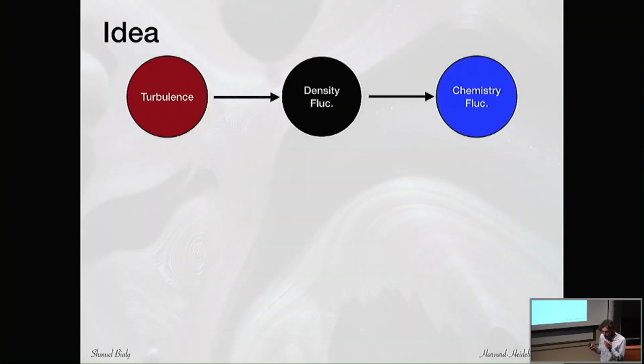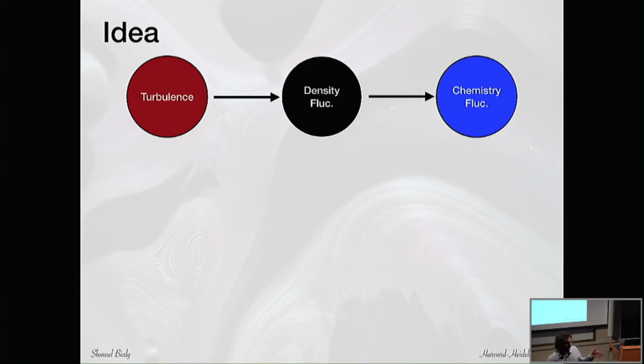So what's the idea? The idea is that in the ISM you have turbulence. We know it from different observations: line width-size relations, supersonic line widths, fractal structures of clouds. Turbulence, when supersonic, when the sonic Mach number is above 1, becomes compressible and produces density fluctuations in the gas.